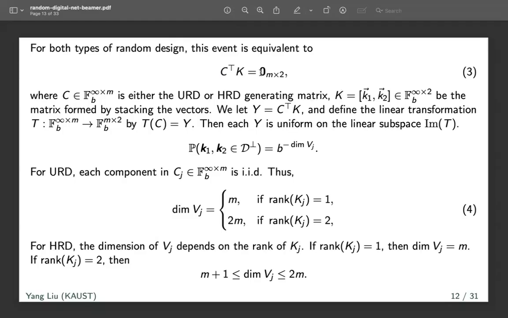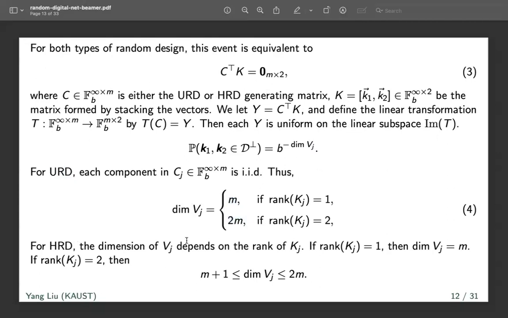We can derive that the result, which we call Y, is uniformly distributed on a linear subspace of this image. We call Vj the dimension of this linear subspace. For the uniform random design, the dimension of Vj is either m or 2m.